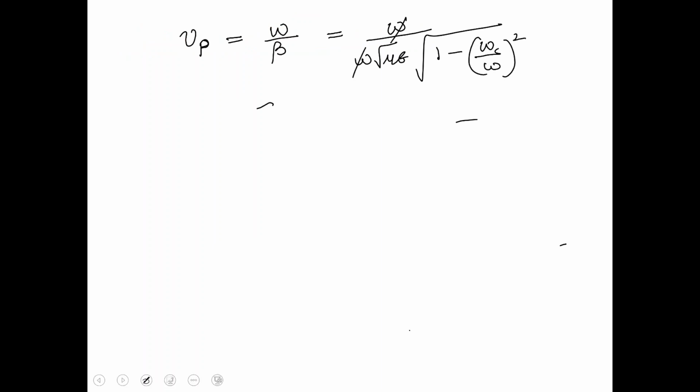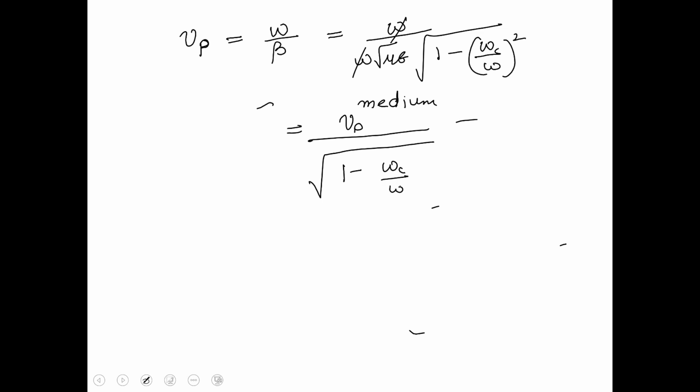And 1 by square root of mu epsilon is nothing but the Vp in the medium, the phase velocity of the electromagnetic field in the medium of mu and epsilon, divided by square root of 1 minus omega c by omega square.